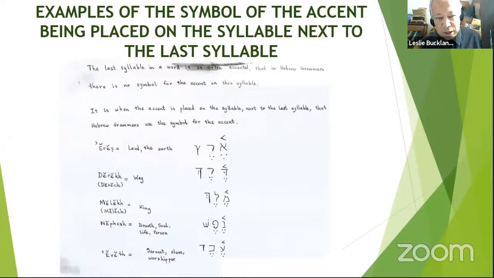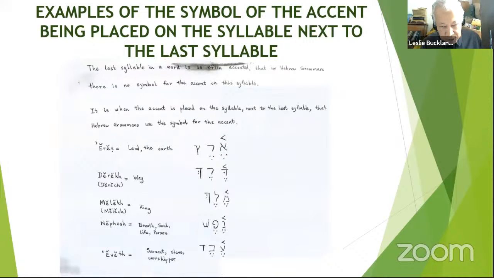And to let the reader know that he or she is not supposed to emphasize fesh, but emphasize the syllable before the last syllable, which is ne, the accent mark has to be put on the syllable before the last syllable. Nefesh means breath, soul, life, person.